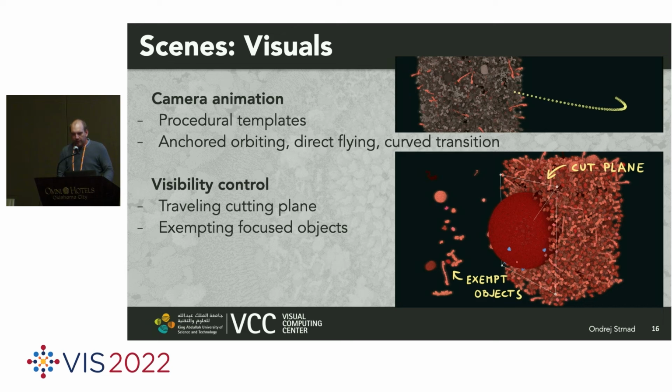Every scene has its visual and audio part. In the visual part, we implement procedural camera animation with three types of animations and advanced visibility management to highlight focused elements. This is done by implementing a traveling cutting plane approach with the possibility of extending focused objects.